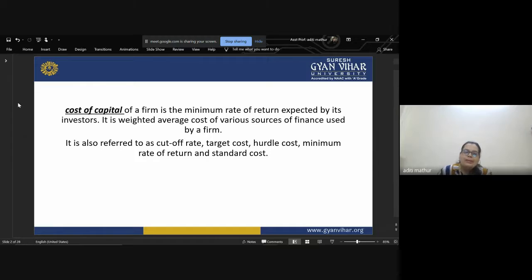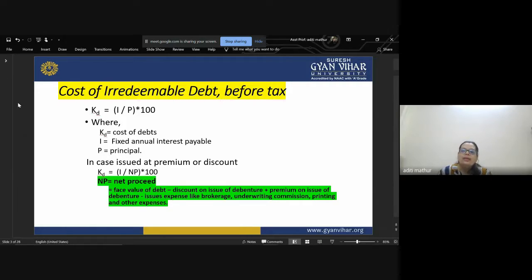The cost of capital is also referred to as cutoff rate, target rate, hurdle rate, minimum rate of return, and standard cost. In our previous video lecture, we learned how to calculate cost of debentures. Let us have a quick recap on how to calculate cost of irredeemable debentures before tax. It is equal to interest divided by the principal amount into 100.